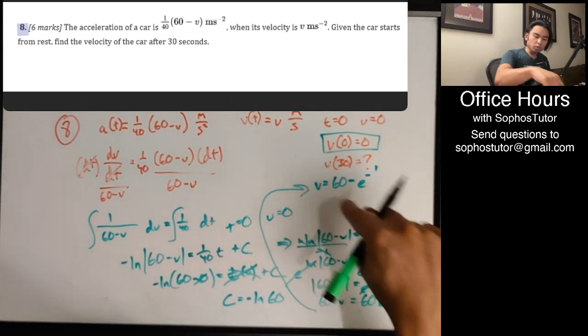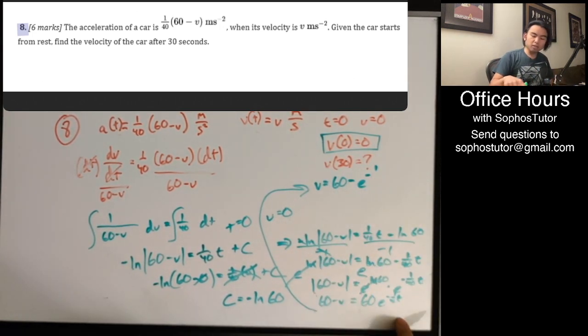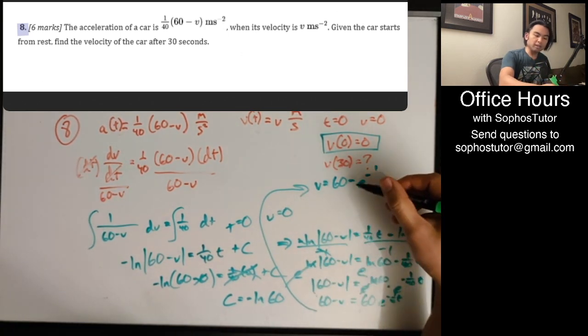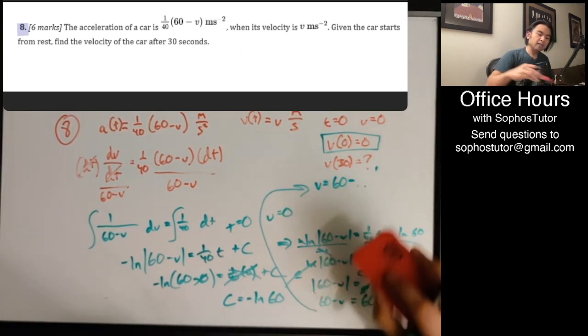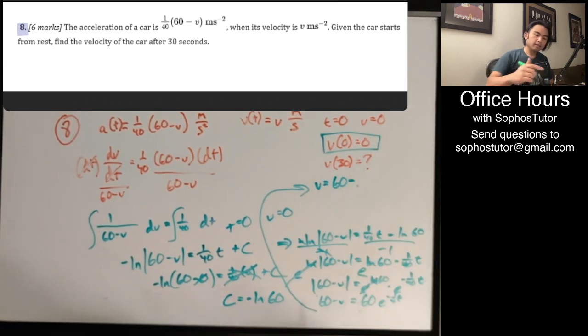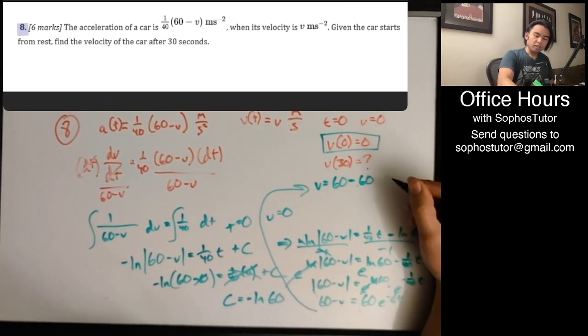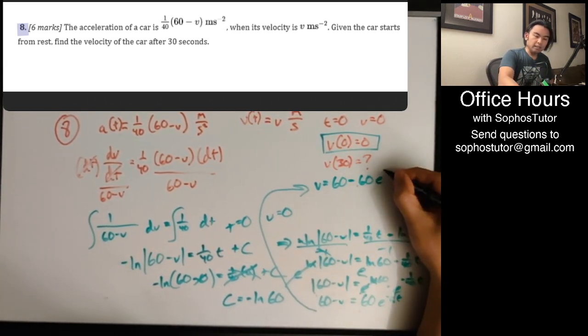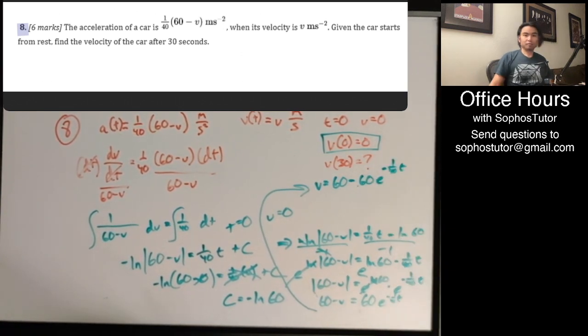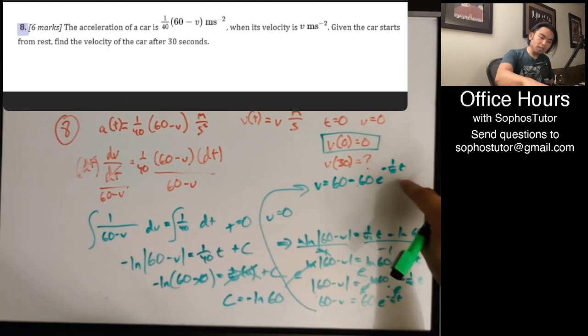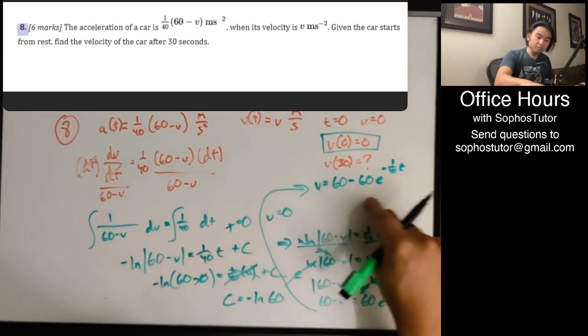So isolating v, add v to both sides, subtract this thing and move it to the left. I should get v is equal to 60 minus 60 times e to the negative 1 over 40t. Okay. So this is my value for v.